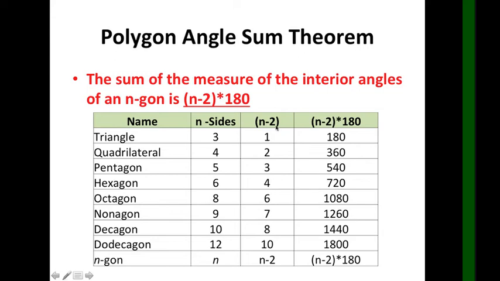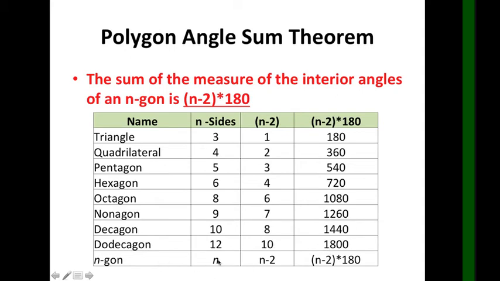Octagon is 8 minus 2 is 6 times 180, 1080. Nonagon is 9 minus 2 is 7, 7 times 180 is 1260. Decagon is 10, minus 2 is 8, times 180 is 1,440. Dodecagon is 12, minus 2 is 10, times 180 is 1,800.